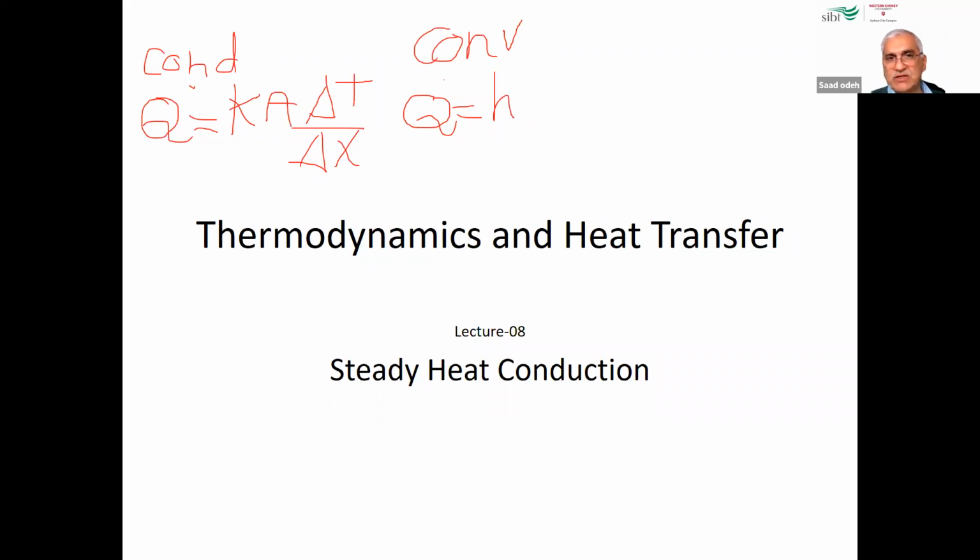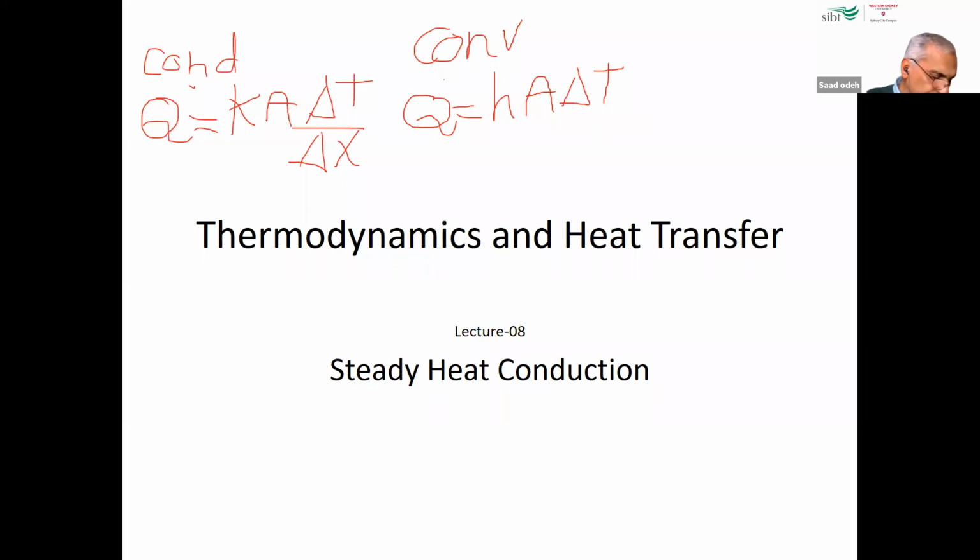We said this heat transfer coefficient depends on the type of fluid and the type of flow we have, multiplied by A, the surface heat transfer area, again normal to the heat transfer direction, multiplied by delta T, which is the difference between the surface and the fluid.